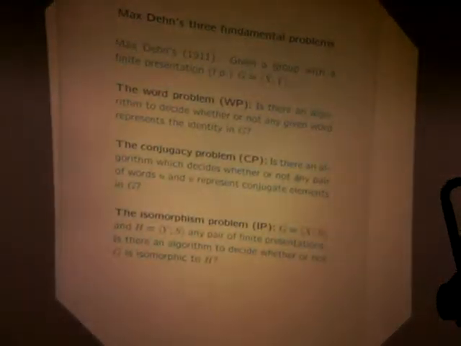So before we begin, we might just want to take a look at those Max Dehn's three fundamental problems. In 1911, Dehn gave three fundamental problems that really drive the research in combinatorial group theory.